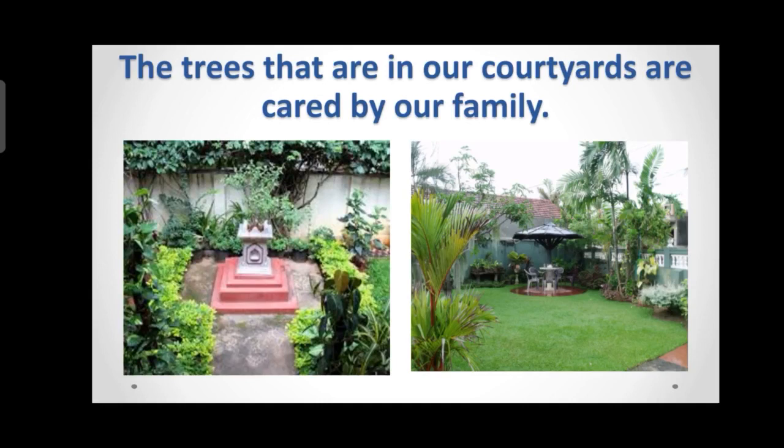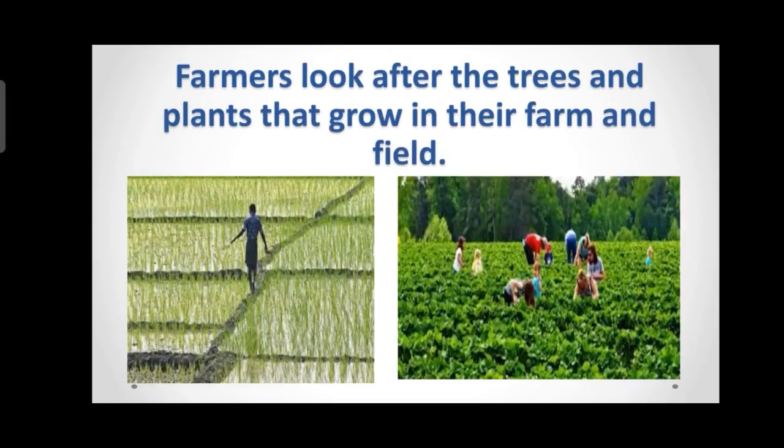In the picture, you are able to see the courtyard of the house where we can plant many trees to add beauty to our house, and that is cared for by our family. The trees or plants that are grown in the field are cared for by farmers. In the picture, you are able to see it very clearly.